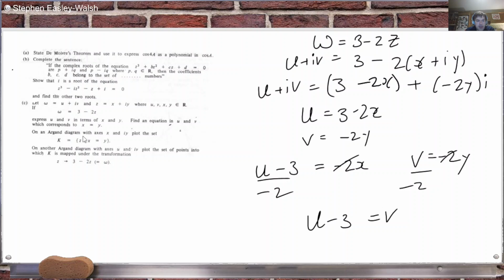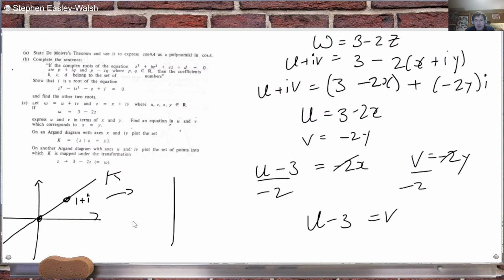On the Argand diagram, plot this, and then on the other one, plot the transformation we just did. So there's the first one, passing through 1 plus i, and that's at 0, 0. I'm just doing this quickly. And then the second one, when you transform it, that's v equals u minus 3.